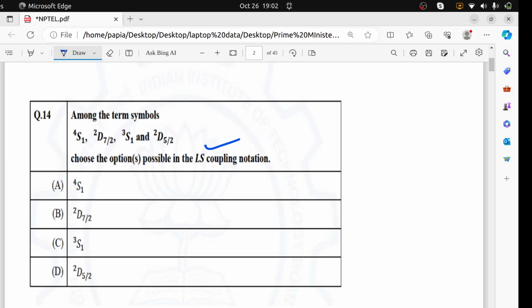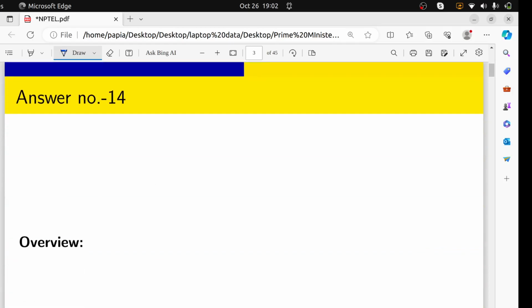Okay, so we will talk one by one. First of all, 4S1. So LS coupling means what? From this notation, I can tell that the multiplicity is 2S plus 1, which is 4.